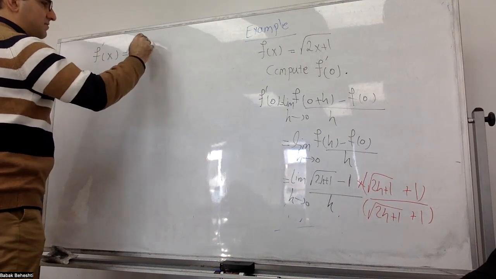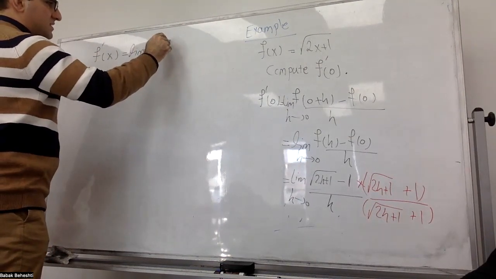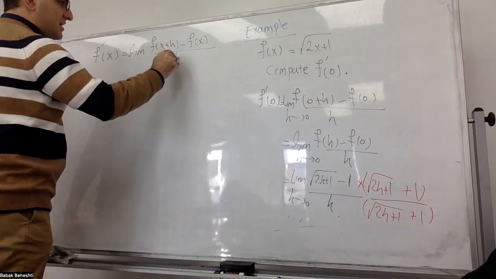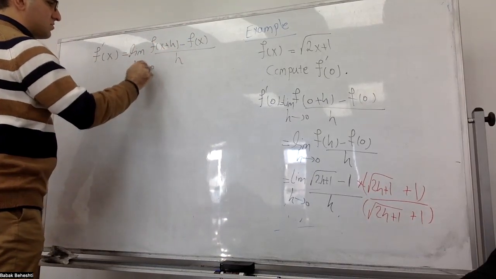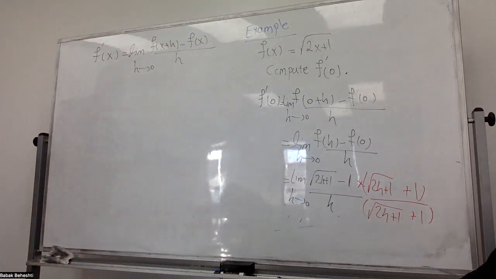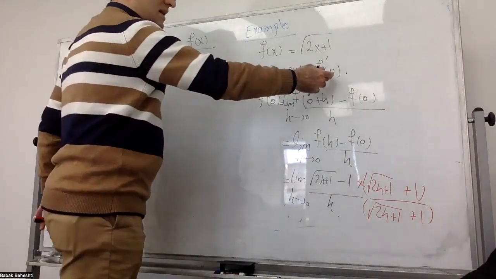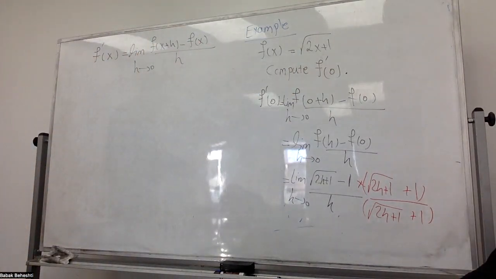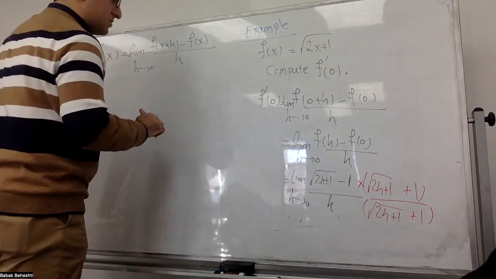It's the limit of f of x plus h minus f of x over h as h goes to 0. So this gives you a formula for any general x. So here x is 0, but you can compute a formula for general x. Let's do it for this function.